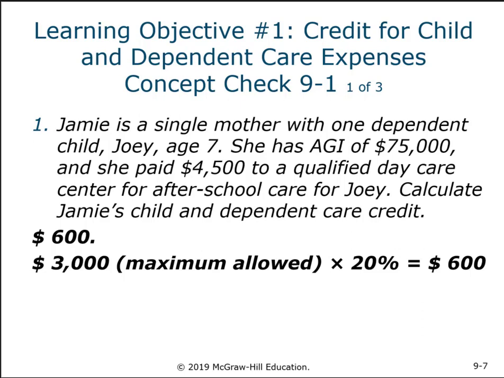She paid $4,500 to a qualified daycare, but because that would be over the amount that's limited for $3,000 for 1 child, she can only use $3,000, not the $4,500. And obviously her income is not a limit in this case. So $3,000 times 20% equals the $600.